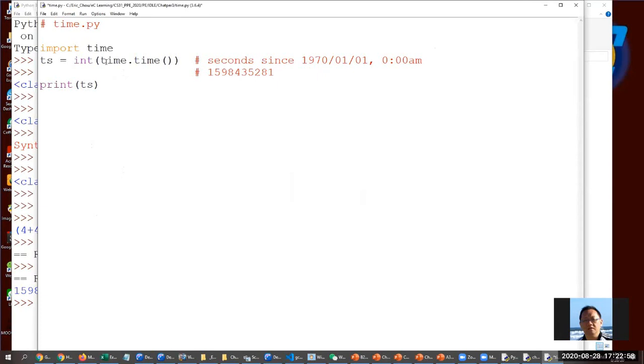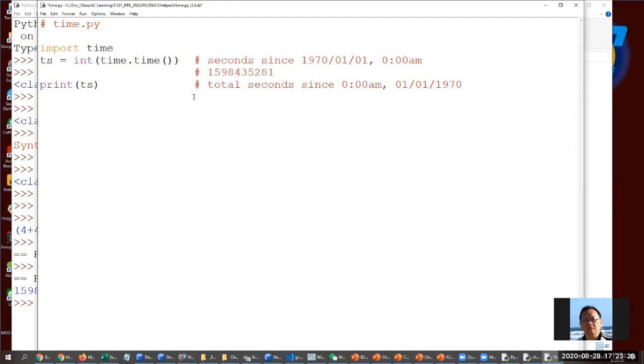So this is the total seconds. This one is the total seconds since 0:00 a.m. on January 1st, 1970. So that's the total number of seconds since that time.